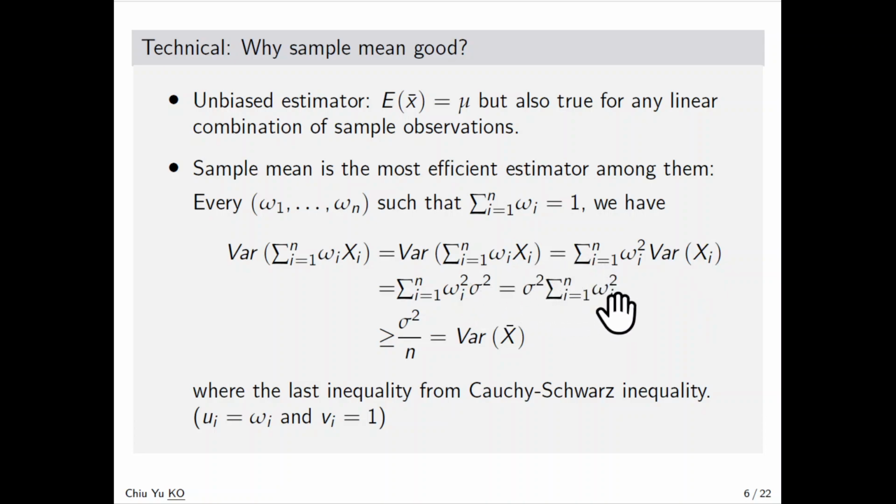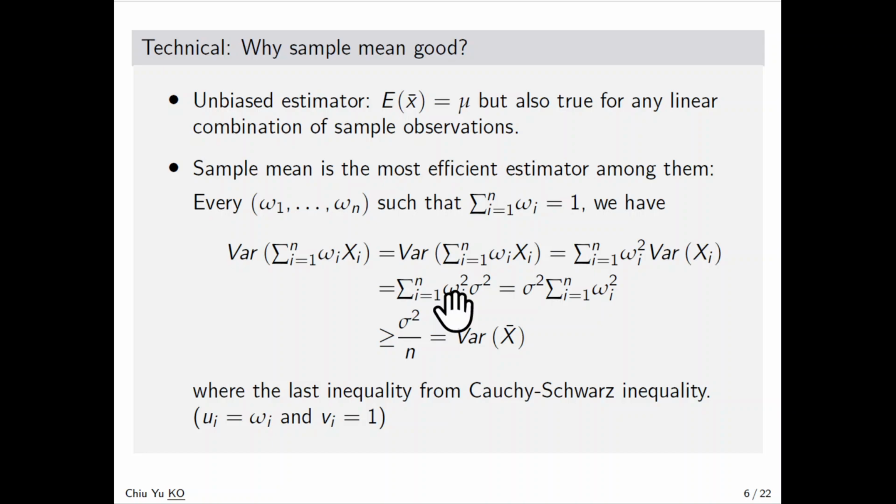So what remains is the sum of the weights squared, and by the Cauchy-Schwarz inequality, this is greater than or equal to 1 over n. To prove this we need the Cauchy-Schwarz inequality, but anyway, it's not important. That means 1 over n gives the minimum variance. That's how you prove it.